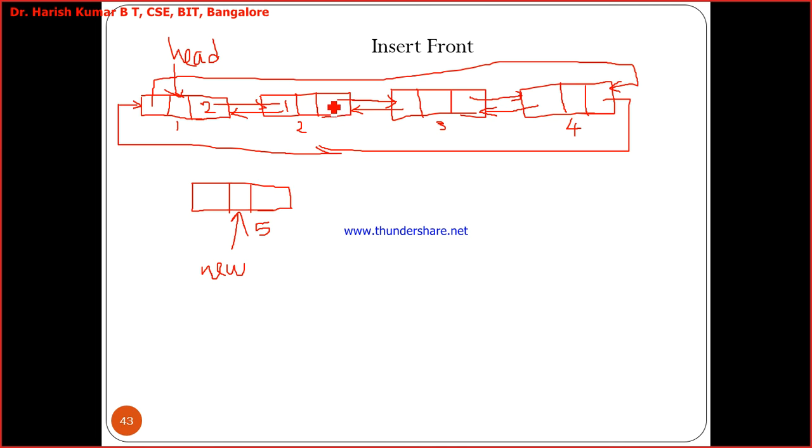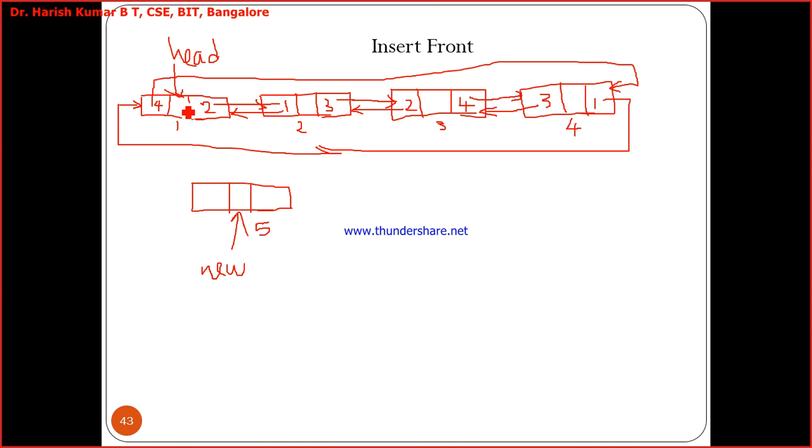And what is here? 3. And what is here? 2. What is here? 3. And here it is 4. And what about here? Here it is 1. And what about here? Here it is 4. Okay, people understood with this?